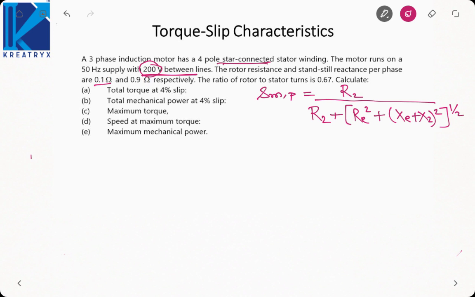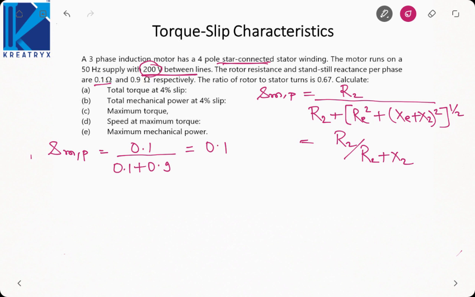That is the slip for maximum power. This will become R2 upon R2 plus X2 if the stator impedance is neglected. So in our case, what is the slip for maximum power? 0.1 by 0.1 plus 0.9, that is 0.1.